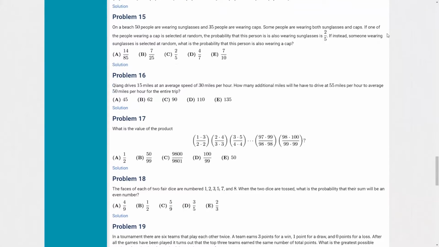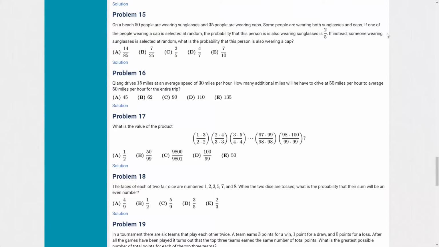So with question number 11, we determined that we can just find the number of people in each scenario and the number of people doing both scenarios. So let's do the same thing with problem 15. 50 people are wearing sunglasses and 35 are wearing caps. And it says if one of the people wearing a cap is selected at random, the probability that this person is also wearing sunglasses is 2/5.